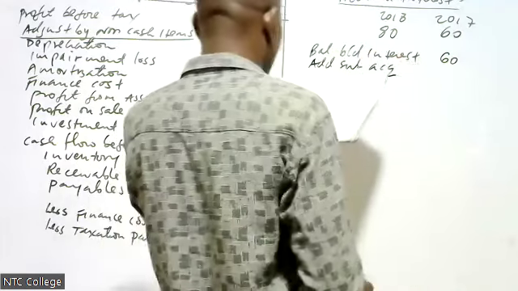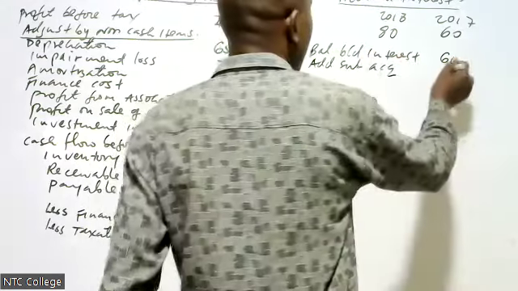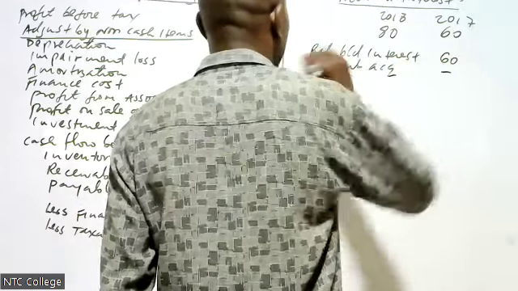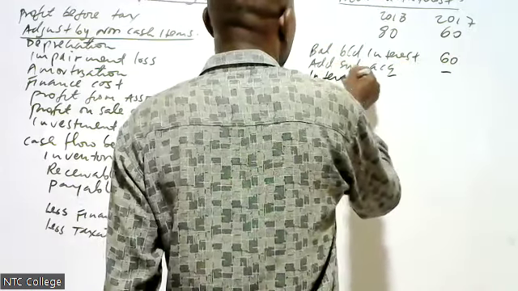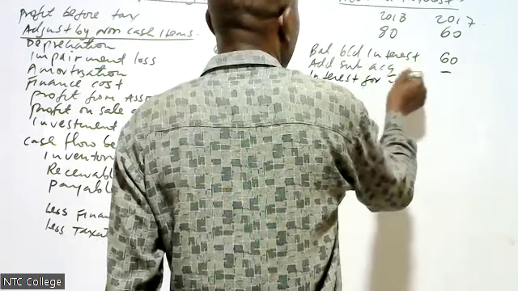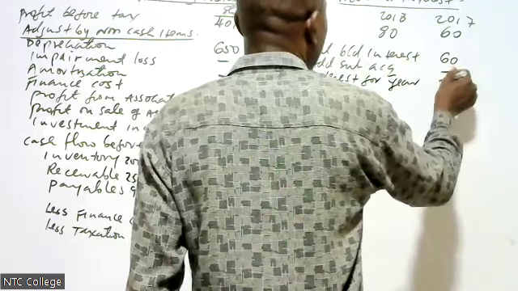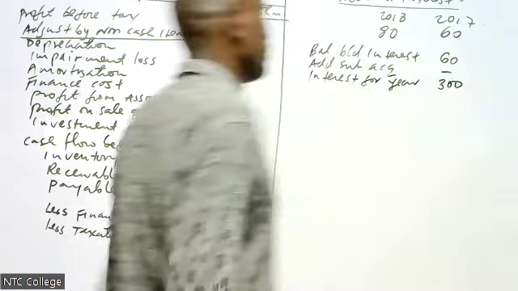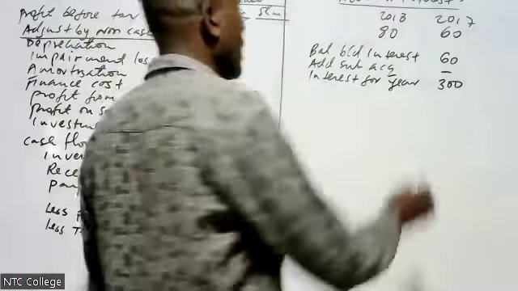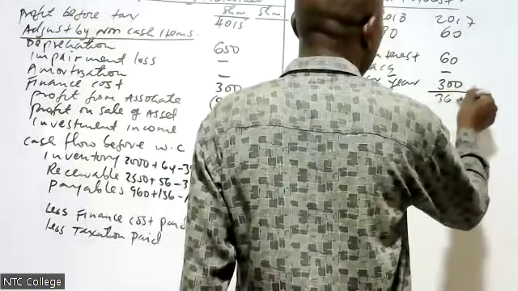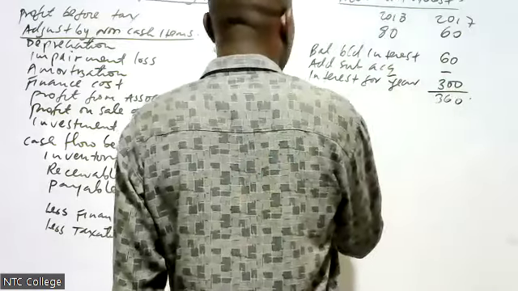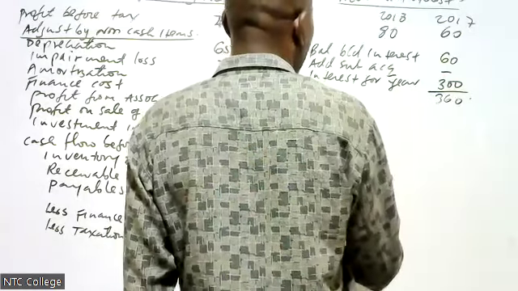I check in the subsidiary acquired if I acquired interest. There is nothing, I put it out. Interest for the year from P and L is 300. Then whatever I get is 360. I come to compare with balance carried down.